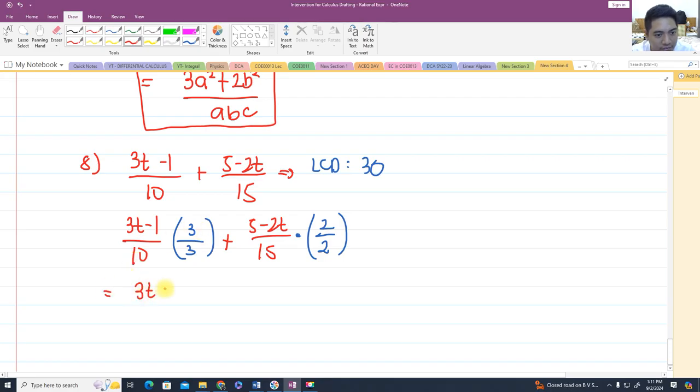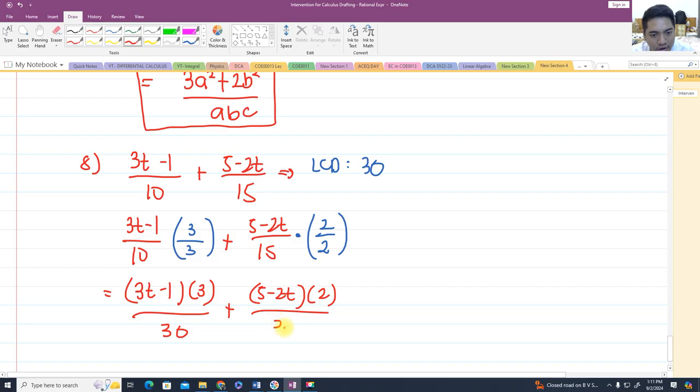So that's why we don't have any violation of the expression. So you have 3t minus 1 times 3 all over 30, plus now you have 5 minus 2t times 2 all over 30. So you have to multiply this. You have to distribute. Okay, so if you distribute, this would be 3 times 3t, so that would be 9t minus 3.